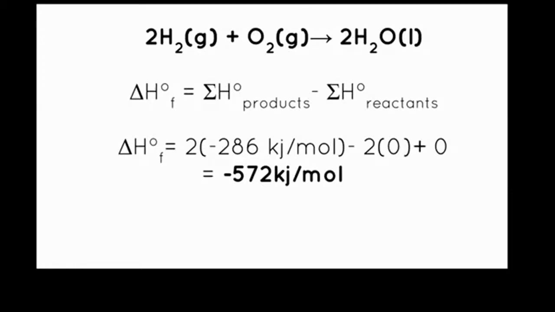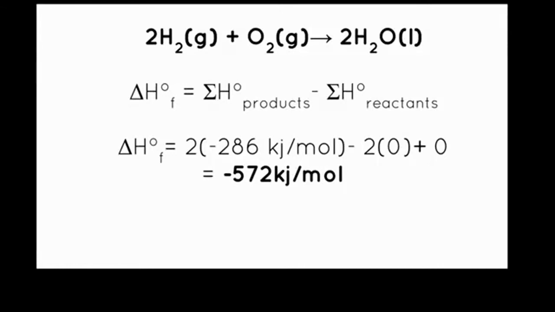And so in this case, delta H is going to be equal to 2 times negative 286 kilojoules per mole. And you can find the delta H values in the back of the textbook in a chart. And the delta H value for H2O is negative 286, but we multiply that times 2 since there are 2 moles, the coefficient in the reaction.